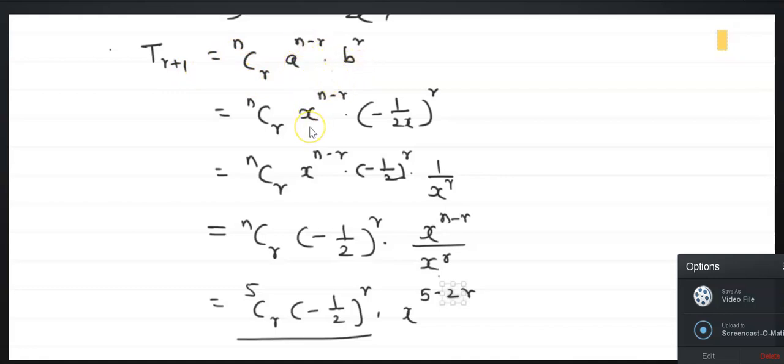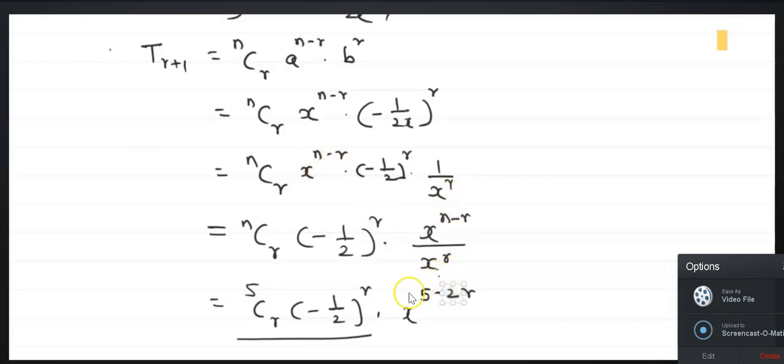The value of a is equals to x, therefore nCr x raised to n minus r, and b is minus 1 upon 2x, that is (minus 1 upon 2x) bracket raised to r, x raised to n minus r into (minus 1 upon 2) bracket raised to r into 1 upon x raised to r. Therefore, nCr into (minus 1 upon 2) bracket raised to r.